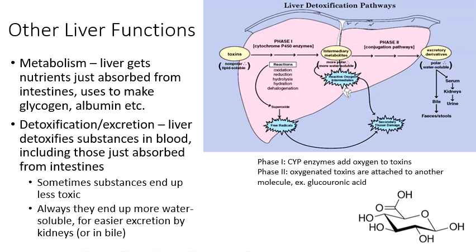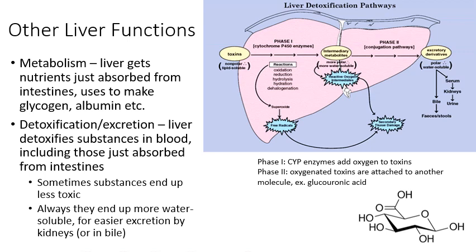lobules. So those nutrients are all distributed amongst the liver lobules, and the hepatocytes get the first chance to use those nutrients. They're going to take a lot of the sugars that have been absorbed from the intestines and use them to make glycogen, which is how the liver is storing sugar.